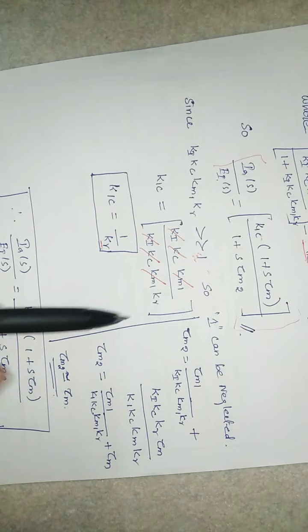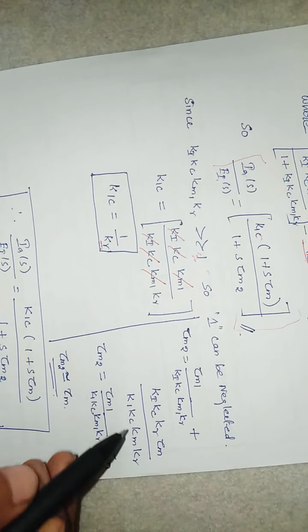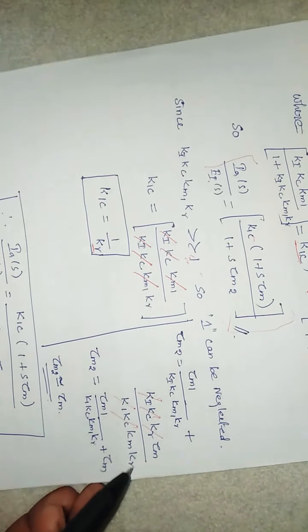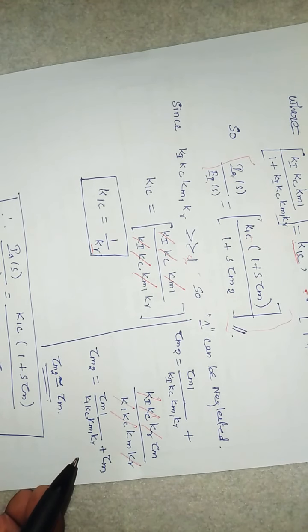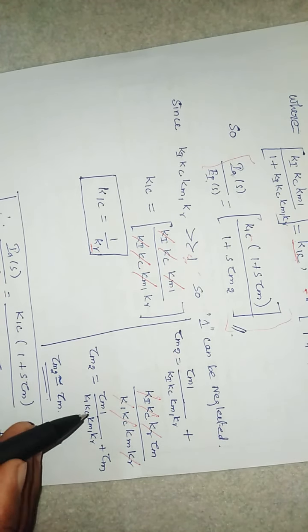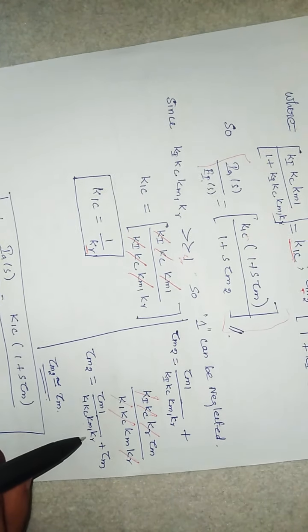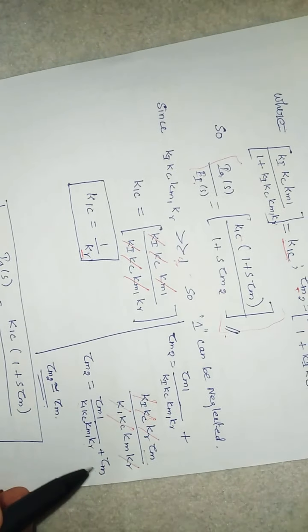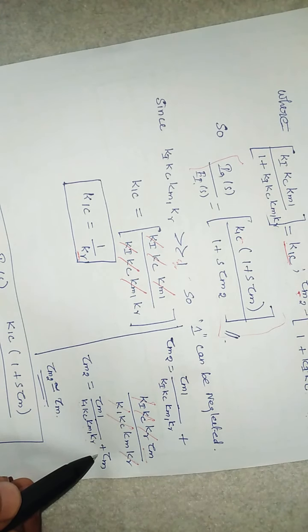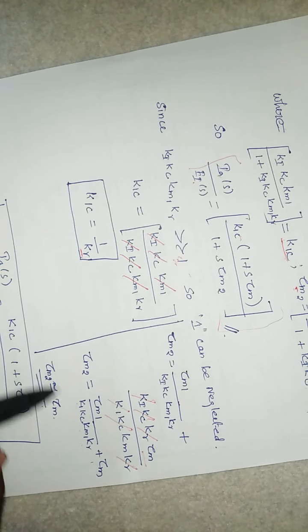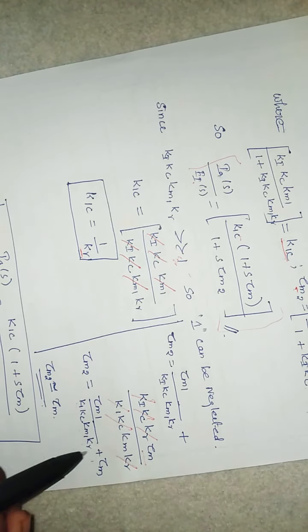We are writing like this. In the above term we can cancel Ki, Kc and Kr. So the remaining term is tau m1 divided by Ki Kc Km1 and Kr plus the remaining term tau m.